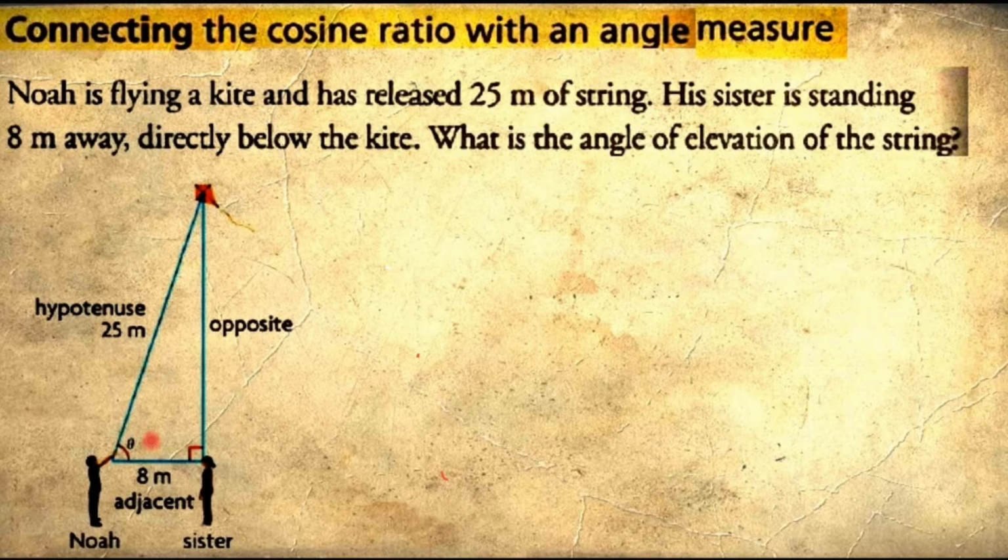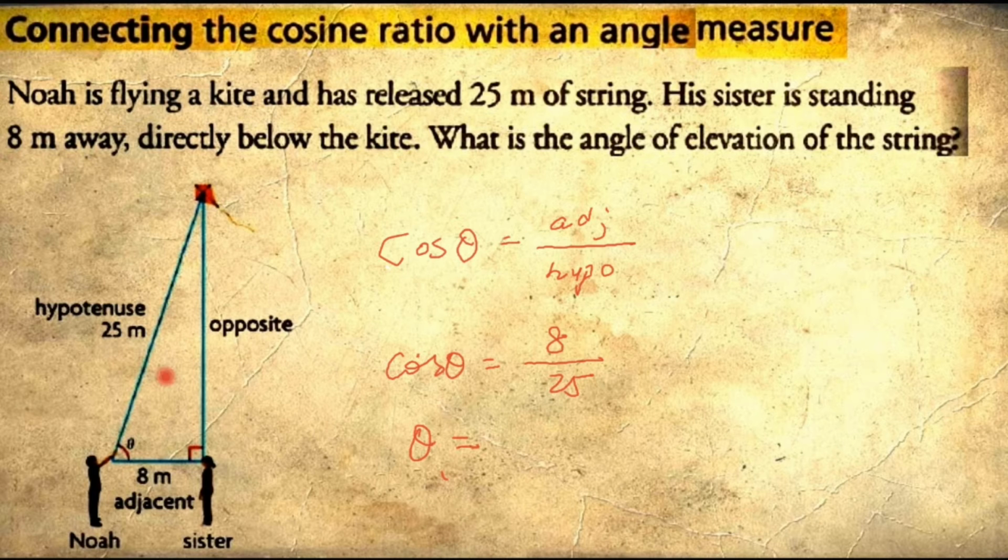To determine the angle of elevation, theta, we use cosine of theta. Cosine theta is adjacent over hypotenuse. We know 8 meters is the adjacent side and the hypotenuse is 25, so we use the inverse of cosine.